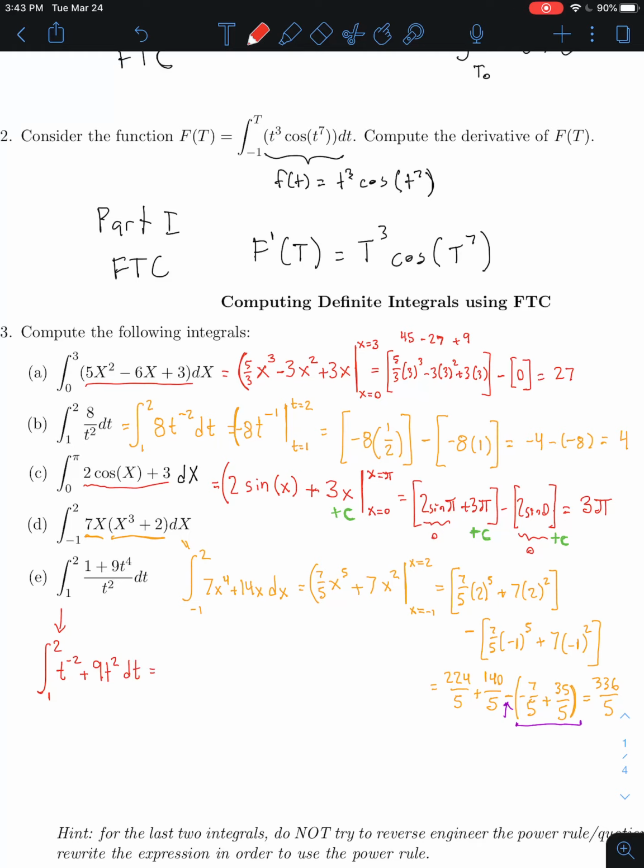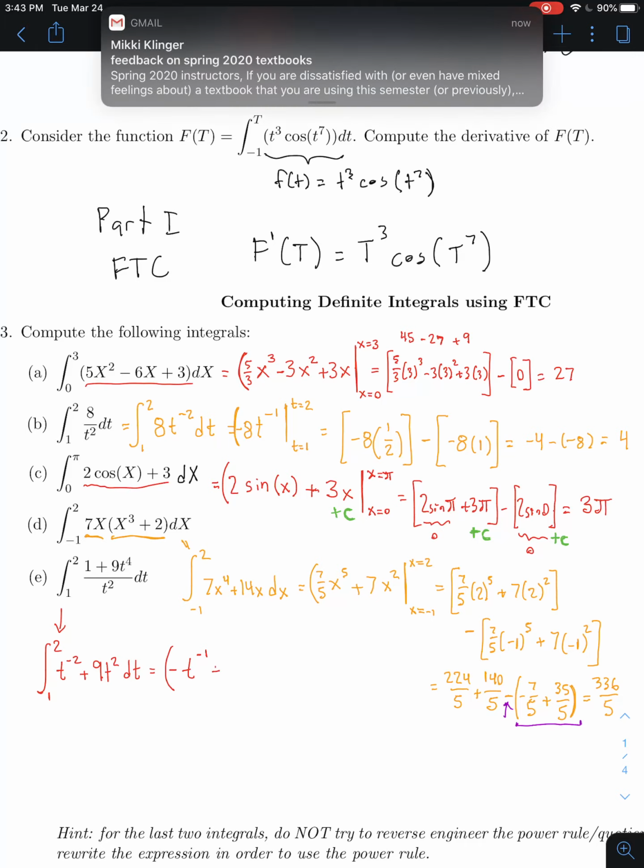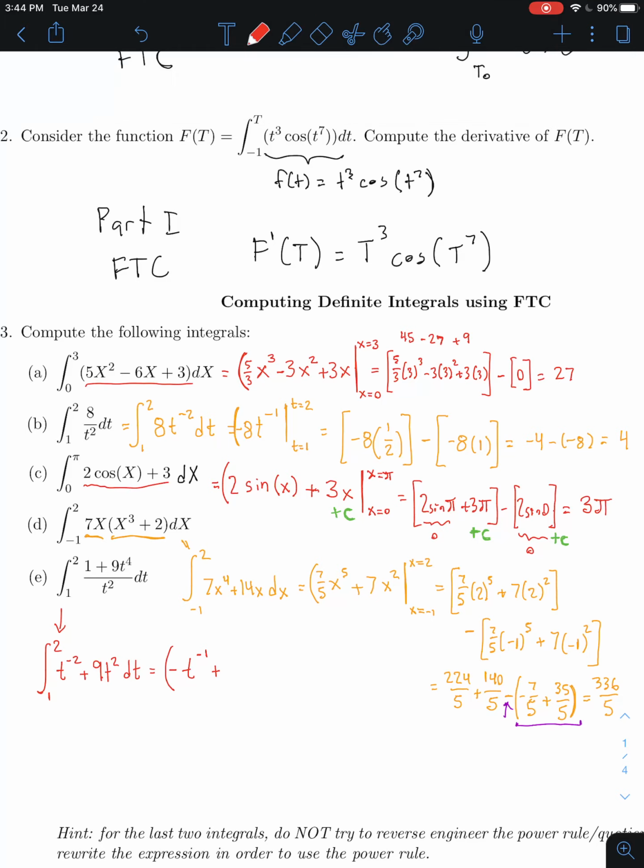And now we can use the power rule again to take the antiderivative. We're going to get t to the -1 with a minus in the front, plus t cubed. 9 divided by 3 is 3.